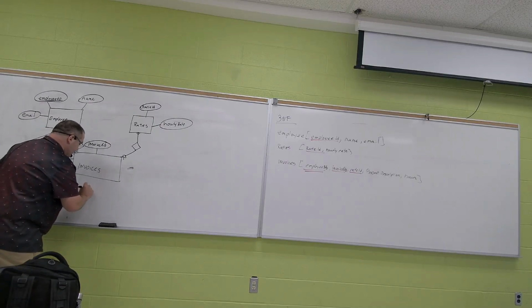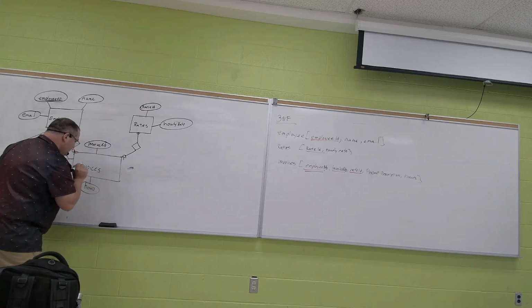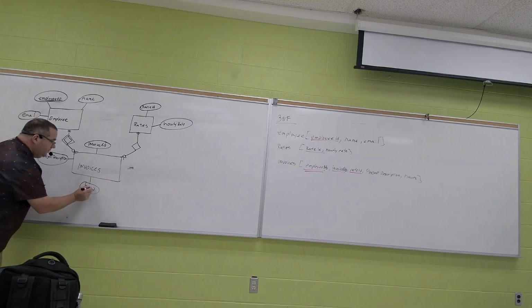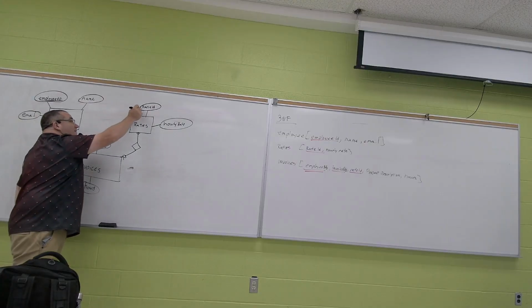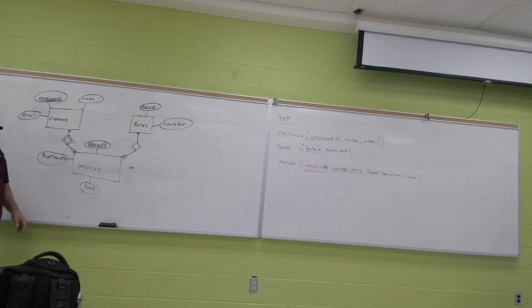And then we got hours. Like that. And same thing with the rate. Okay. So this is our third normal form turned into a picture. We have lost nothing so far.